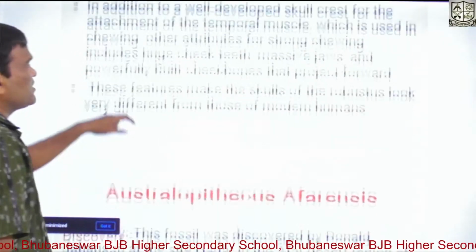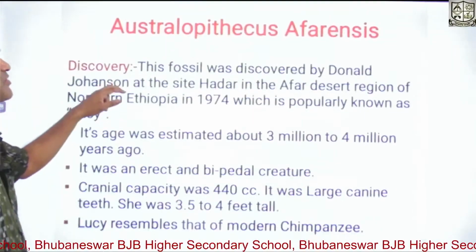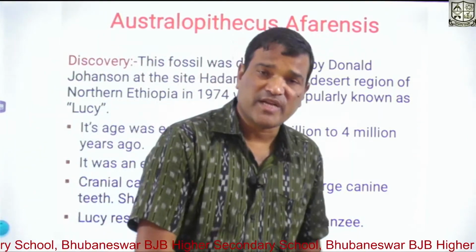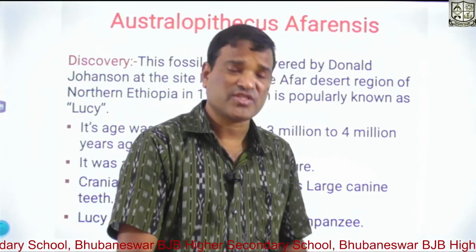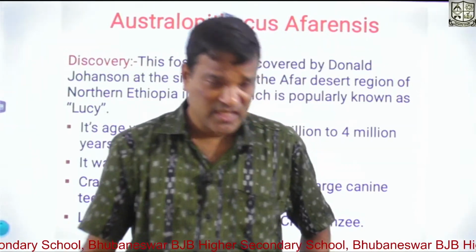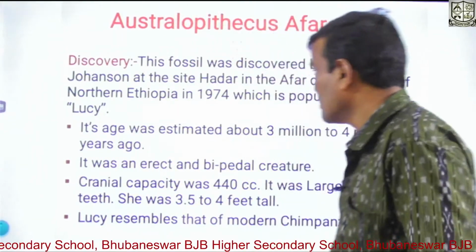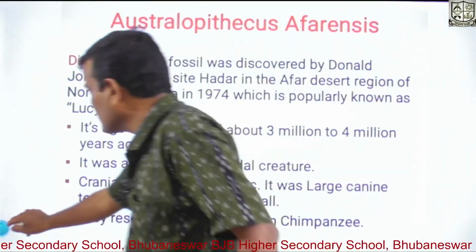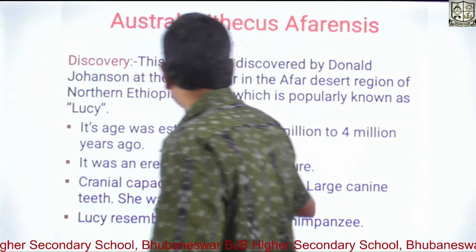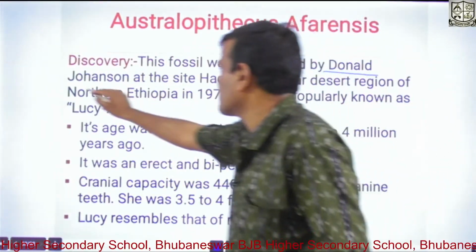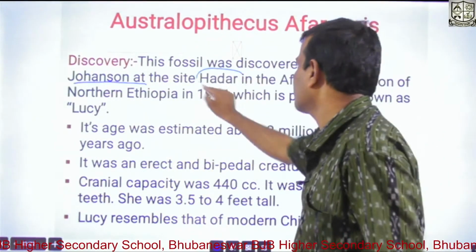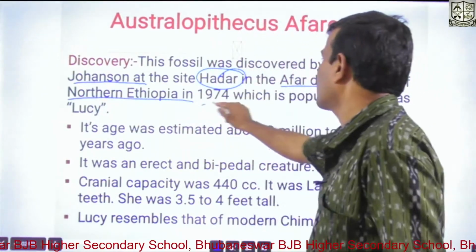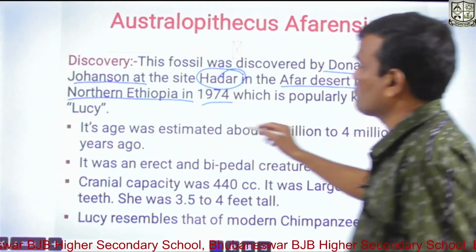Then another variety under this group is Australopithecus afarensis. We have read three fossils: Australopithecus africanus, Australopithecus boisei, and Australopithecus robustus. Another variety, Australopithecus afarensis, was discovered by Donald Johanson at the site of Hadar in the Afar desert region of northern Ethiopia in 1974, which is popularly known as Lucy.